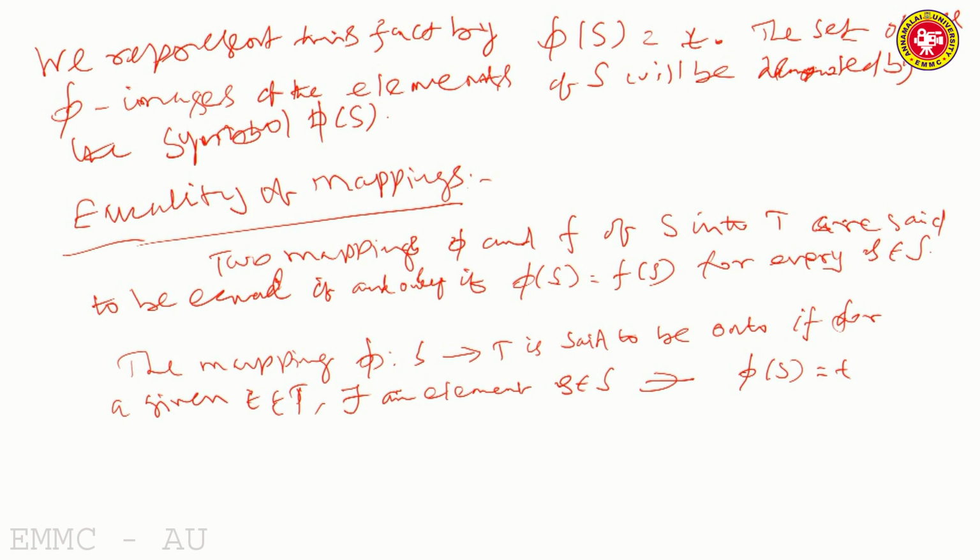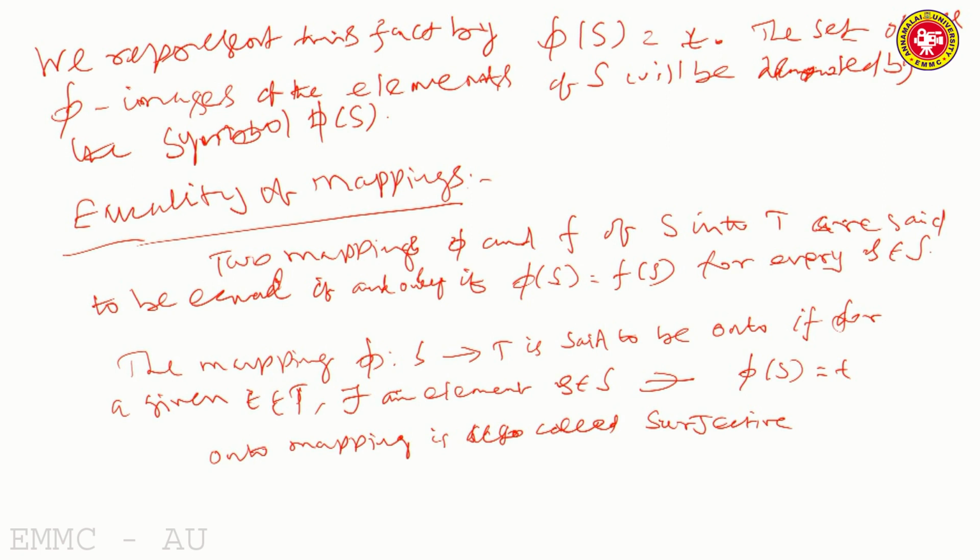An onto mapping is also called surjective. If a mapping is both one to one and onto, then it is called bijective.